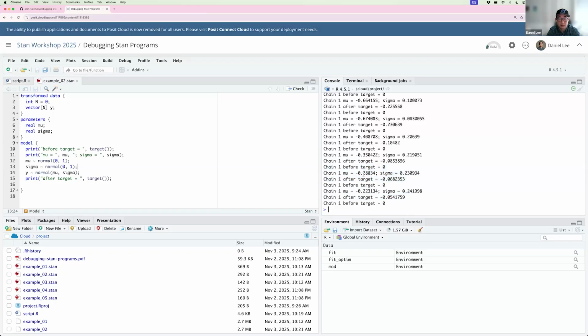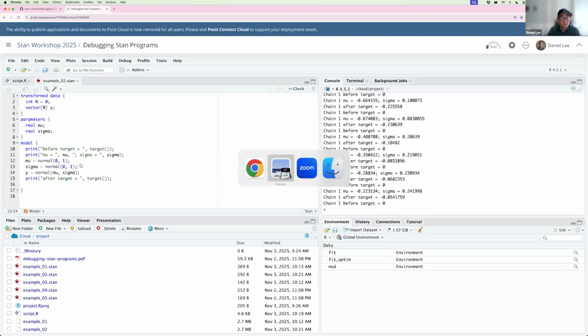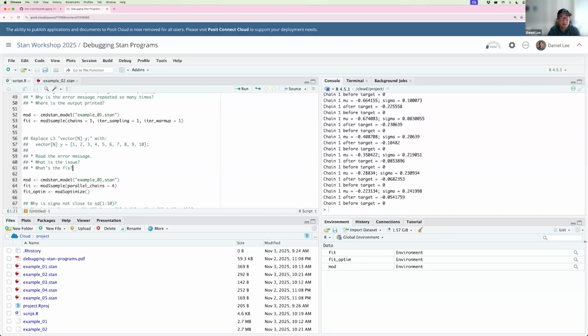With these values of mu and sigma, it's a different value, right? So that's good. That's what that is. Any questions? Anything?